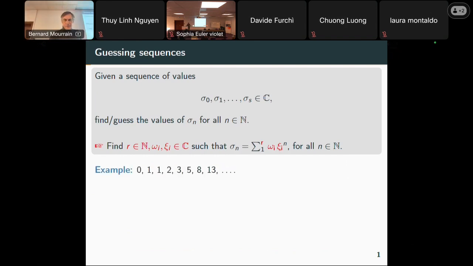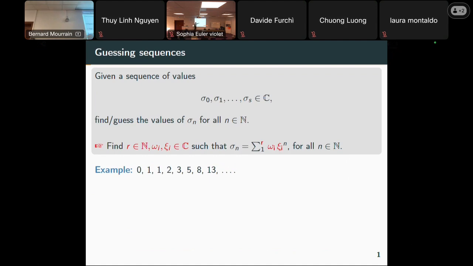So, an example. If I give you this sequence, 0, 1, 1, 2, 3, 5, 8, 13, then you recognize the sequence, maybe. What is it? Fibonacci numbers, yes.